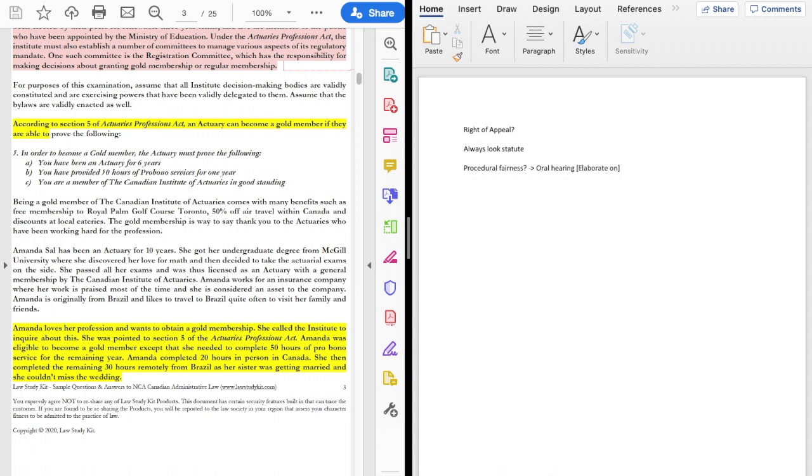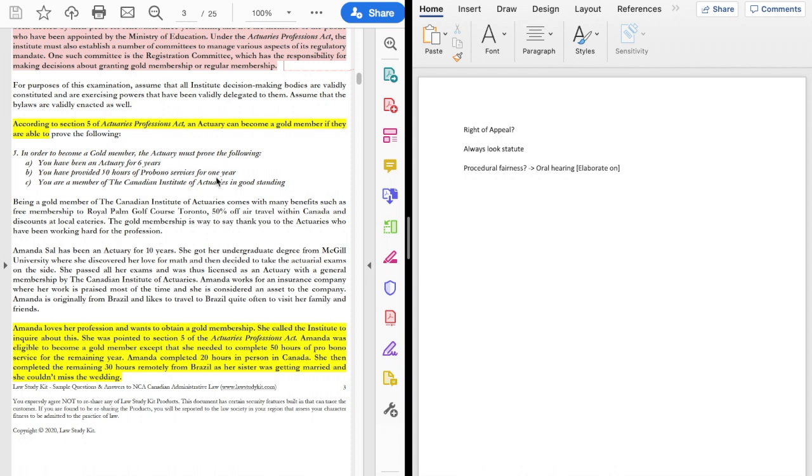Now, in procedural fairness, there are a whole bunch of tests that you need to know. You need to understand common law triggers and the content of procedural fairness. That's something that you can read up on in your notes or in the book. I'm just going to give you an overview. So again, first of all, always look in the question for whether there is a right of appeal.